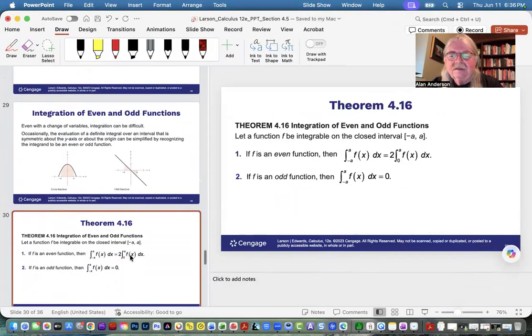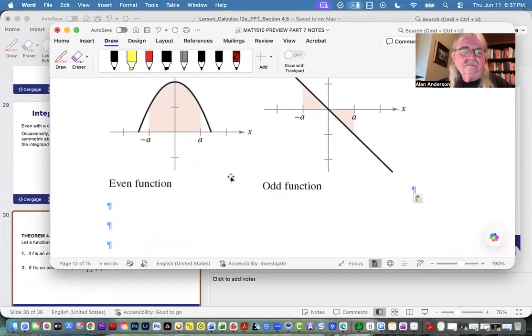So here's the results. If f is even, like we see here, we integrate between negative a and positive a.